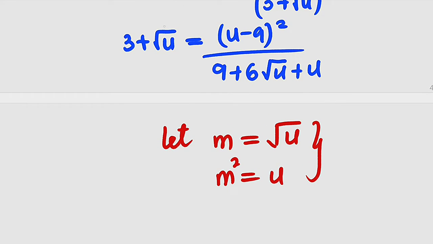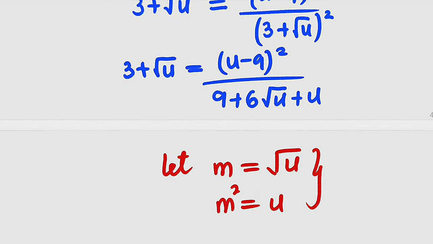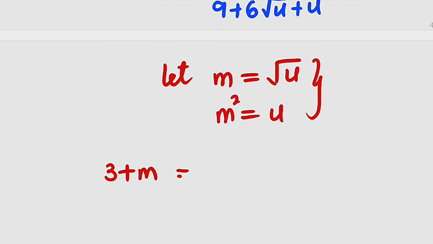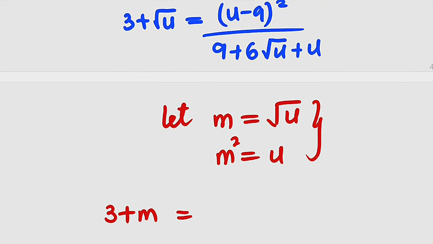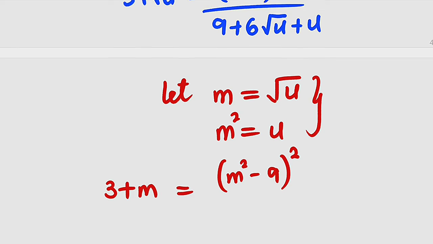Therefore to the left hand side we have 3 plus what? m. So to the left hand side we have 3 plus m, because we have let square root of u be equal to m, and this is equal to the top we have u minus 9 squared, but u is m squared. We have m squared minus 9 whole squared, right?